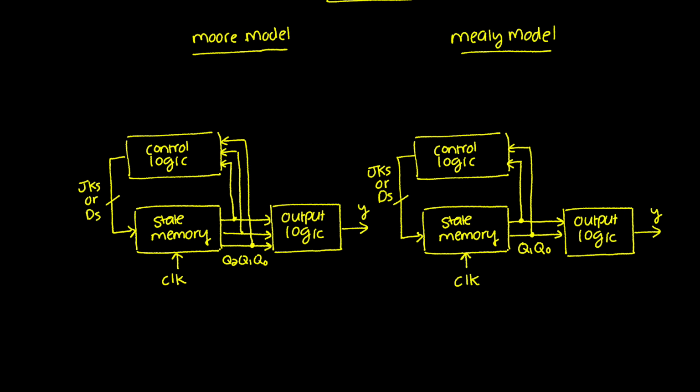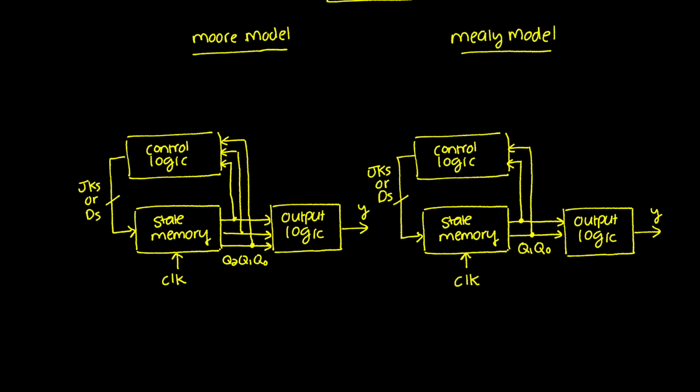So again, I didn't go through the whole process, but hopefully you can extrapolate from what we've learned so far. If I went to the trouble of writing out my Boolean expressions for my control logic, these are the JKs or Ds, the control inputs to my flip-flops. They're the control inputs that are needed to get me to the next state, right?